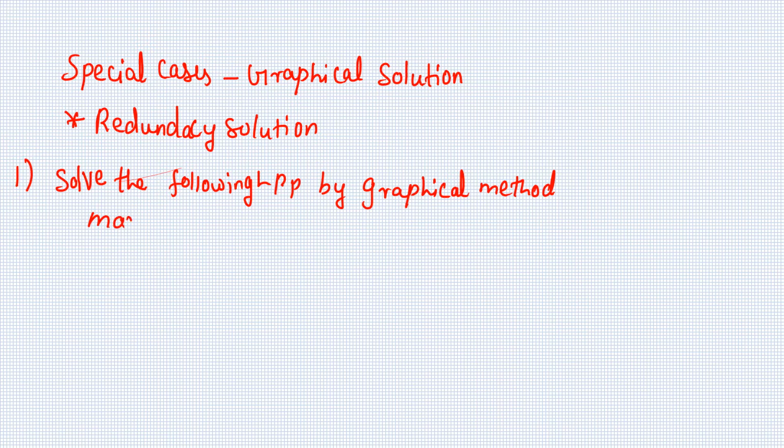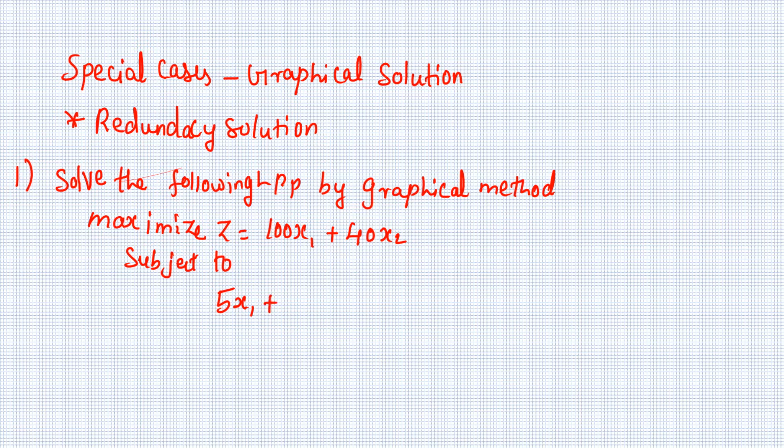The question is: maximize z equal to 100x1 plus 40x2, subject to 5x1 plus 2x2 less than or equal to 1000.